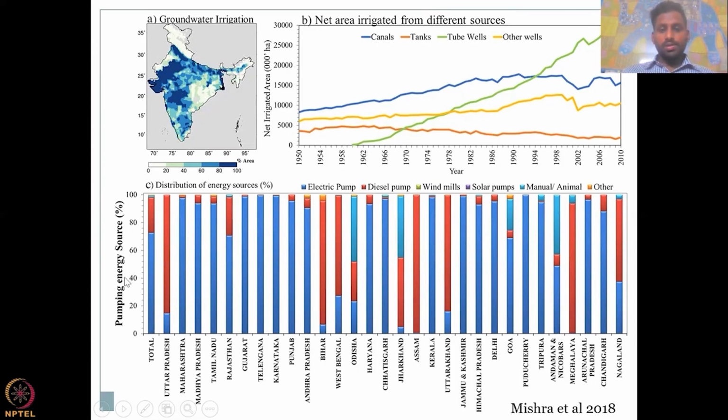And there is also a comparison on how the energy is being used. There are electric pumps, diesel pumps, windmills, solar pumps, etc. As a result of the industrial revolution, there has been a lot of technology and development for better pumping resources to access groundwater.